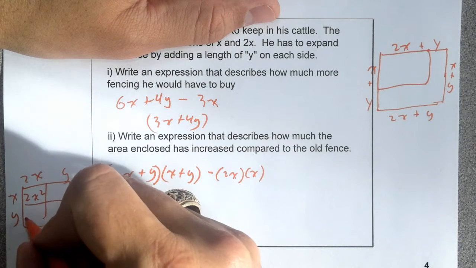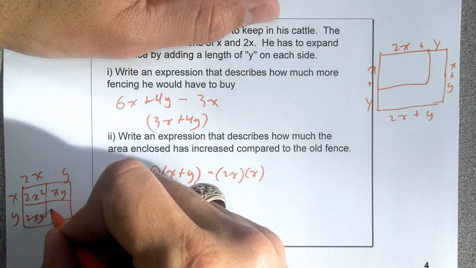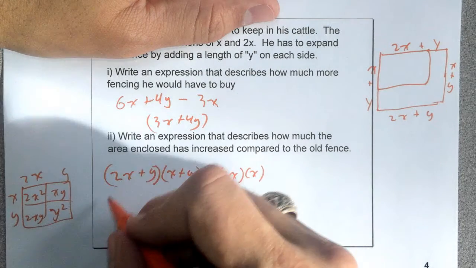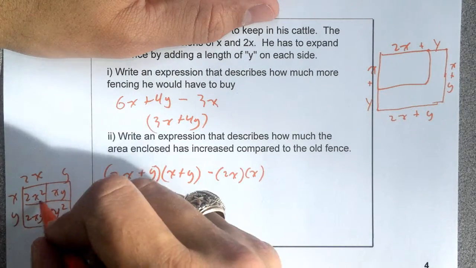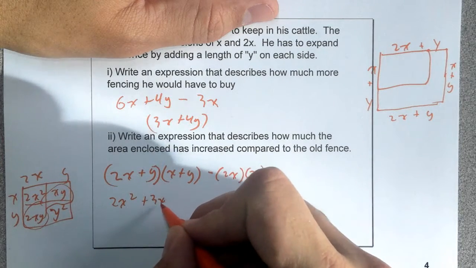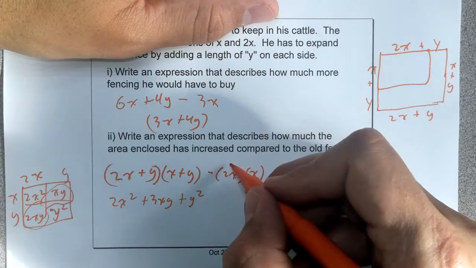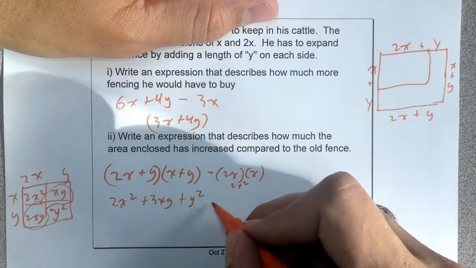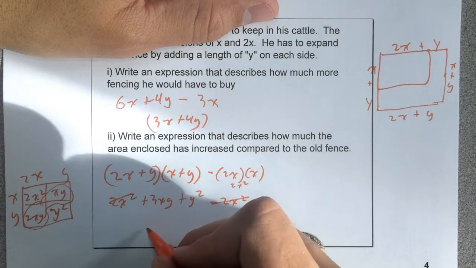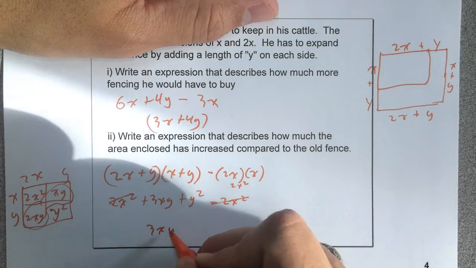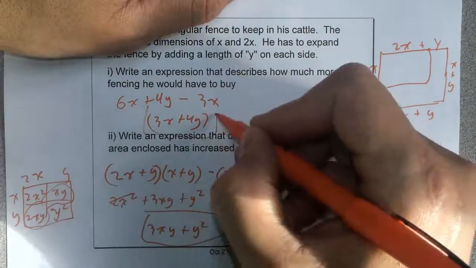We have 2x squared, 2xy, xy, y squared. So this part over here is going to be 2x squared. My middle terms here are going to be 3xy plus y squared, and this is going to be 2x squared, but it's negative, so minus 2x squared. Luckily, those disappear, and my expression is going to be 3xy plus y squared. That's going to be my area, and this is going to be how much more fence we need.